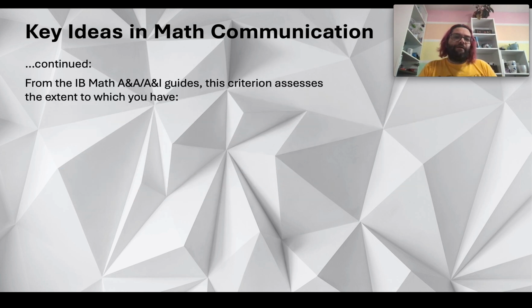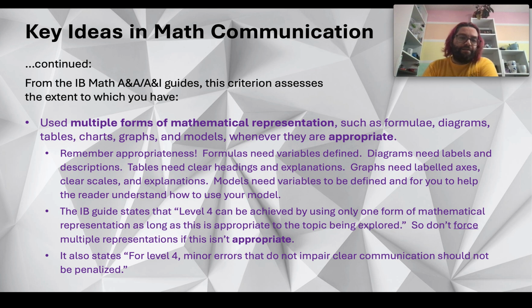Continuing, this again comes from the guides, and there's a lot here. Sorry, this didn't come up in multiple bubbles here. Another thing that the guides say is that this criterion checks that you used multiple forms of mathematical representation. What that means is that math communication, math representation, is more than just formulas. I know that when you do your math homework you'll mostly use formulas, but keep in mind, sometimes you'll draw a diagram.